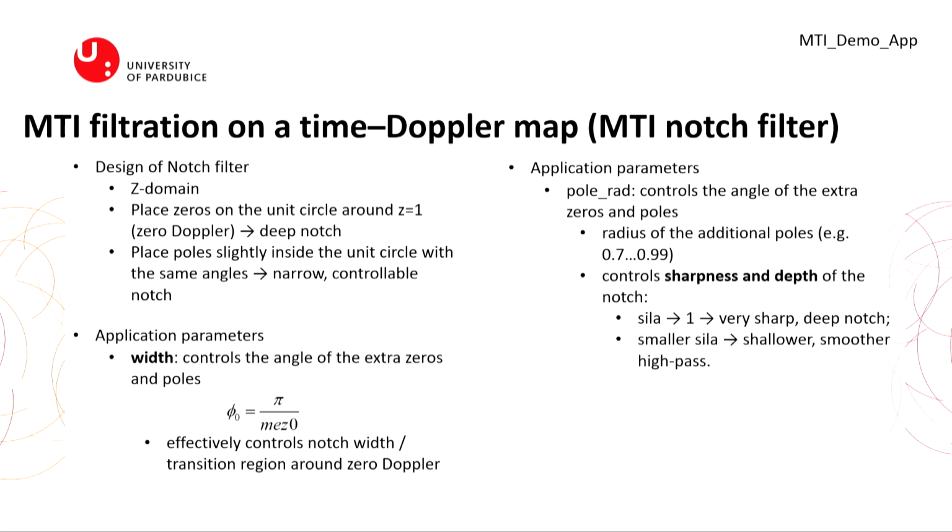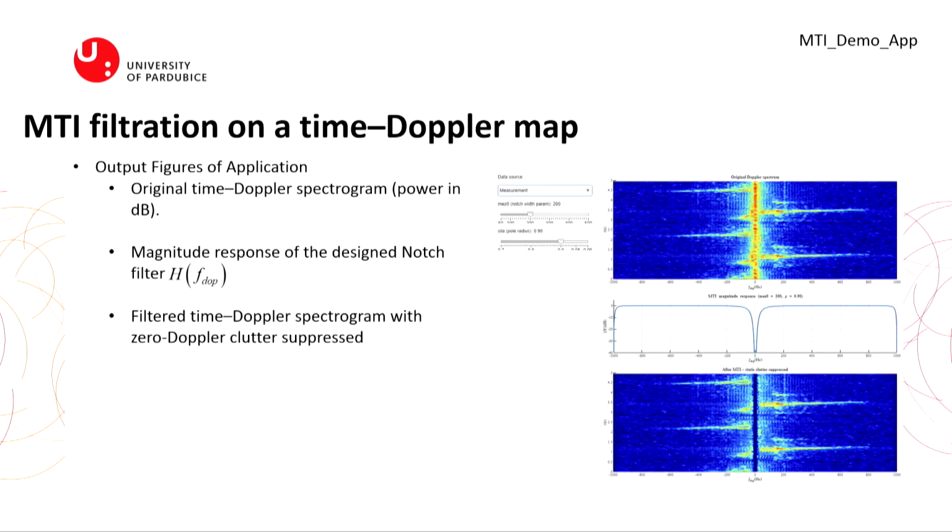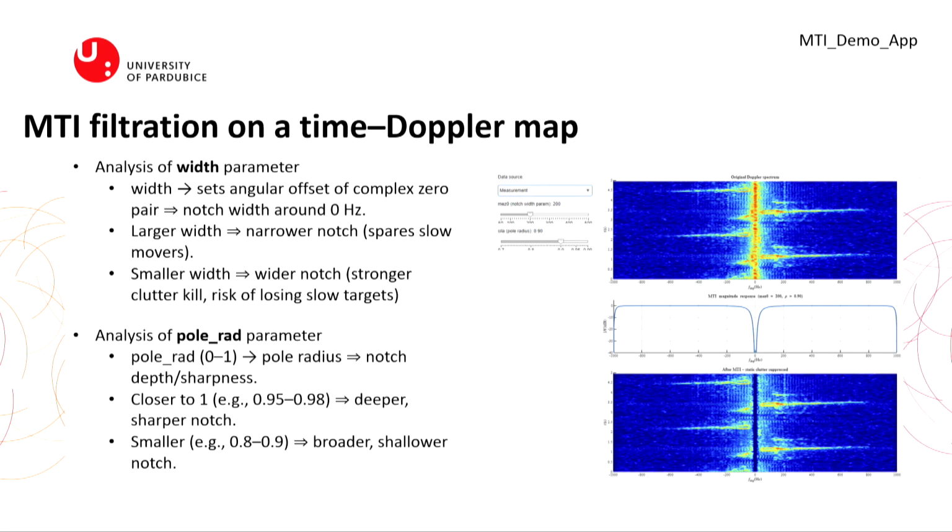There are two parameters, width and pole radius, and you already played with them. So output figures we already described, so I think I can continue.